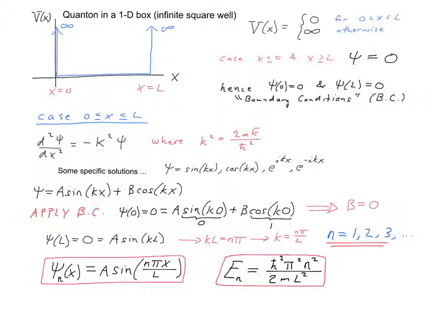If we do that, we find that E sub n, which is the eigenenergy corresponding to the eigenstate psi sub n, has an energy of this form, again where n could equal 1, 2, 3, 4, etc.